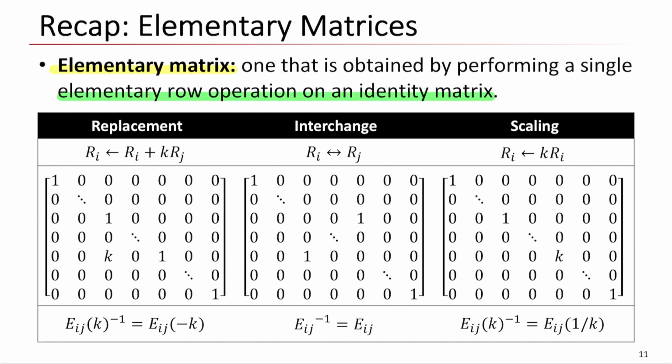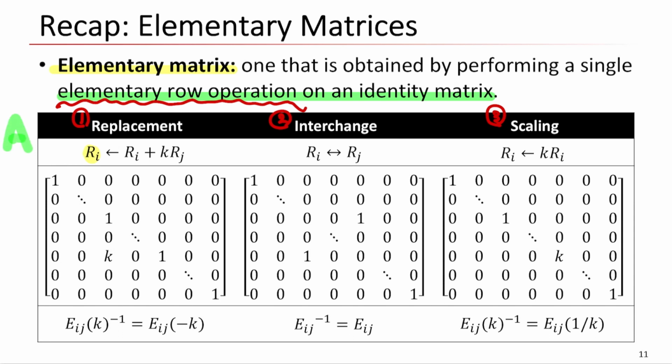So what was the elementary row operation? There were three kinds of elementary row operations, right? The first one is the replacement, the second one is the interchange, and the third one is the scaling, right? Let's say there is a matrix A, right?